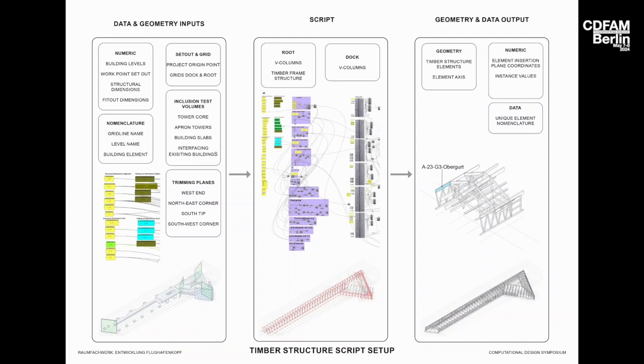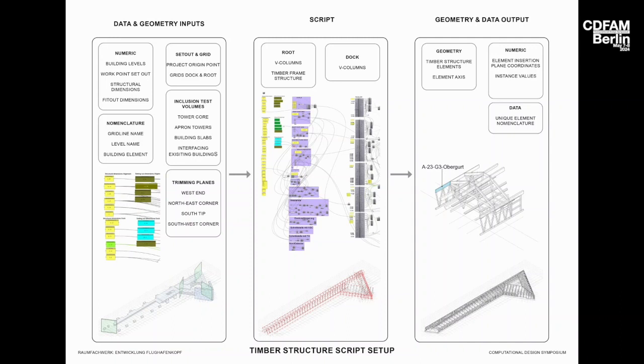And then within the script, we have certain script clusters which actually take in all these numeric and data-based inputs, but also geometric inputs, such as the building grid, which I have spoken about, but also some volumes of internal core structures or interfacing structures, but also of existing buildings.